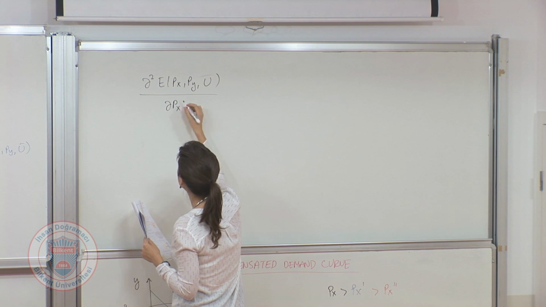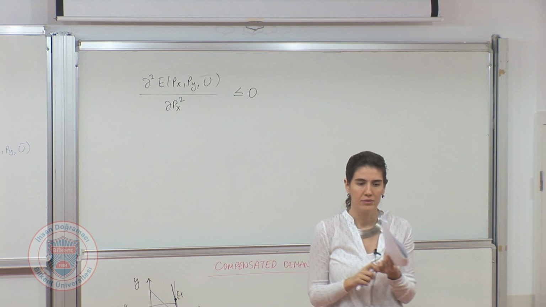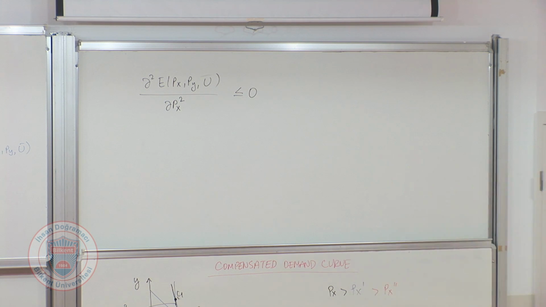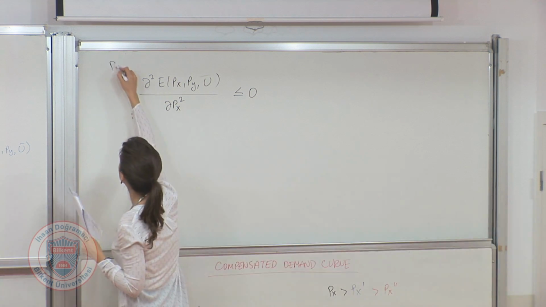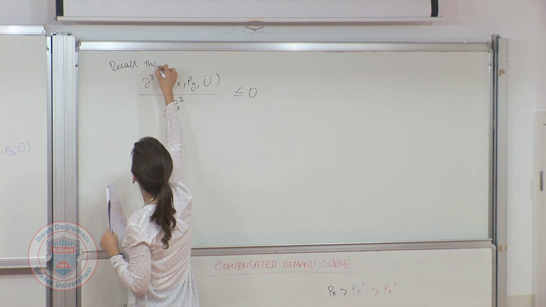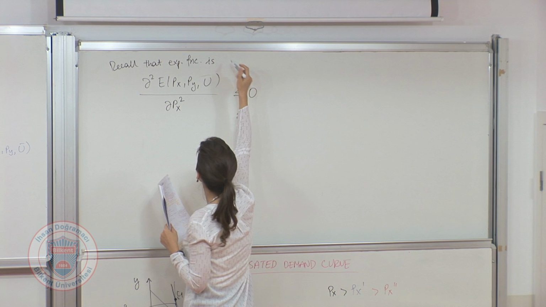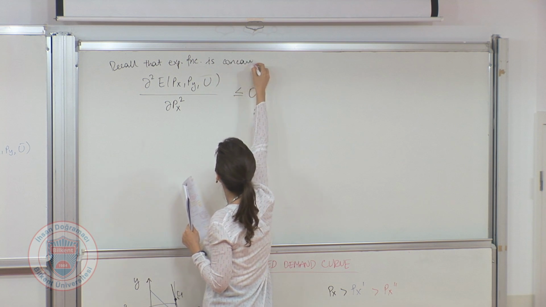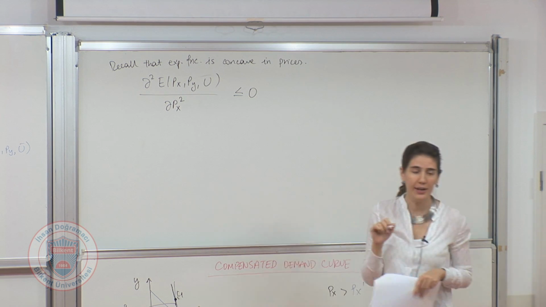So we basically said that this is negative, right? In our previous class, we said that expenditure function is concave in prices, right? So recall that expenditure function is concave in prices. That's what we said, right?